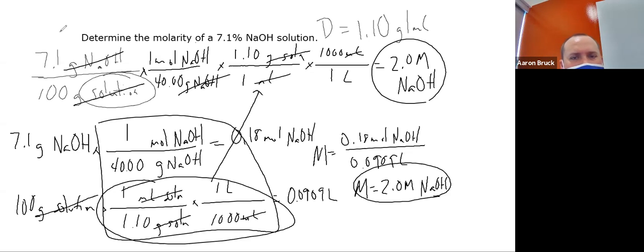Now, it is entirely possible that the two different methodologies might create small differences in that last significant figure. For example, the way we did it first, the value was like 1.98 molar that rounded up to 2.